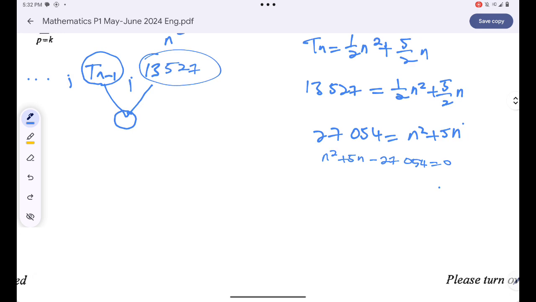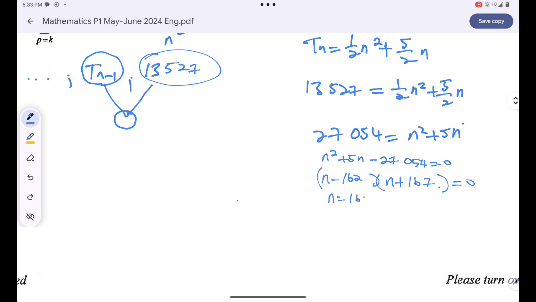And then I can simply use the quadratic formula to find the solutions: minus b plus or minus the square root of b squared minus 4ac, with c being minus 27,054, all over 2 times 1. Okay, so n minus 162 and n plus 167 is equal to 0.